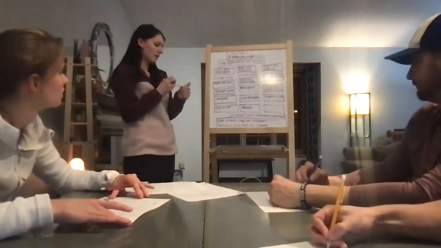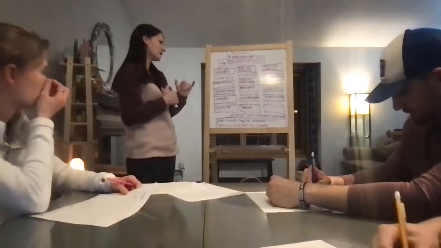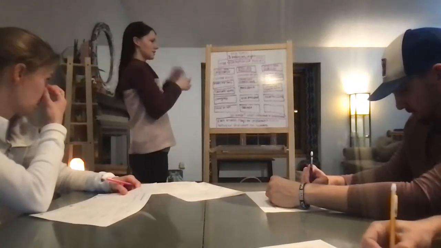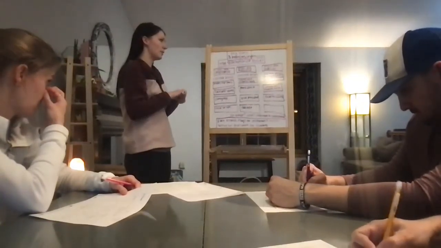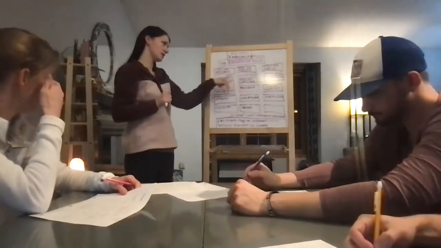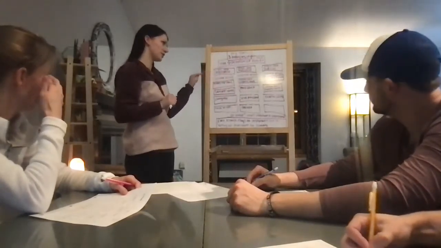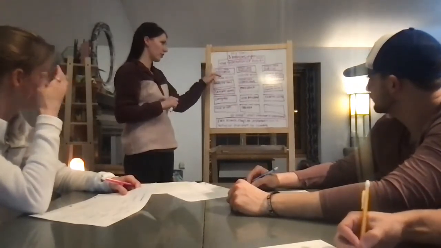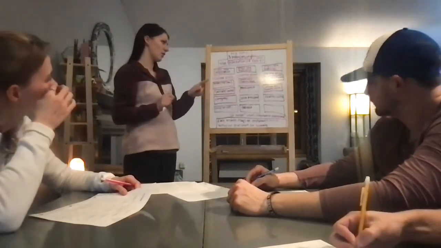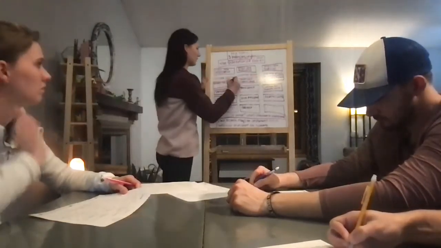Okay, and then the last thing that we're going to do is put a star next to what each branch does. So underneath the essential details column for each main idea, you're going to want to put a star next to it.